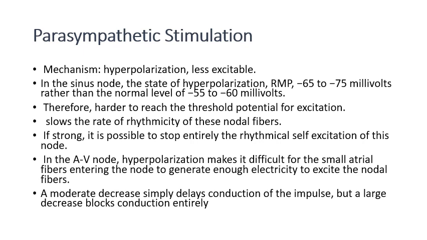And that induces a state of hyperpolarization. Hyperpolarization means that instead of minus 55, we'll have minus 65 or even minus 75. That makes the membranes of the fibers less excitable, so it's harder to reach the threshold potential to make an excitation.